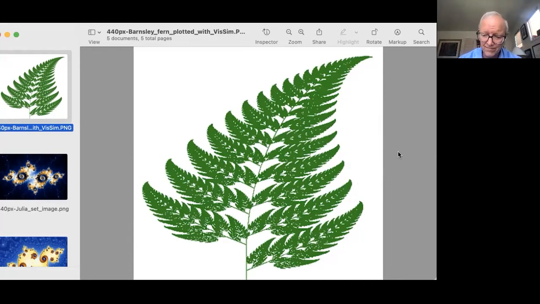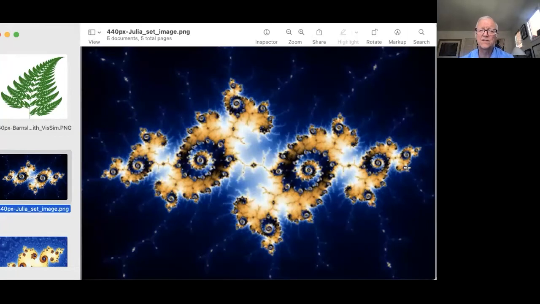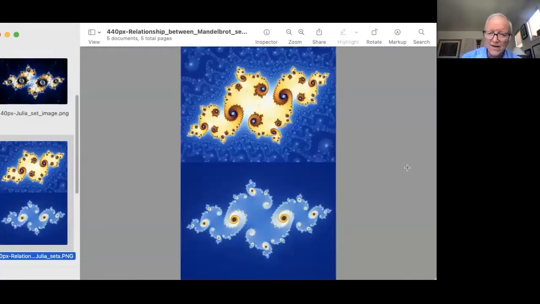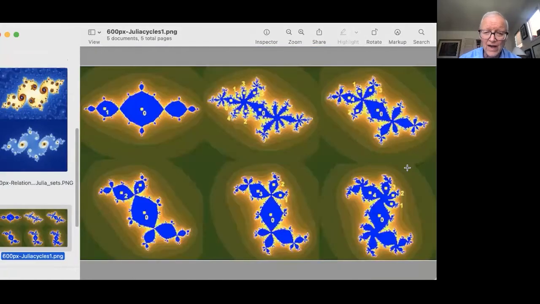Here are some other fractals. This is called a Julia fractal. And if you look at this, you could imagine that it was a galaxy or some celestial object. Here's a couple more Julia fractals.